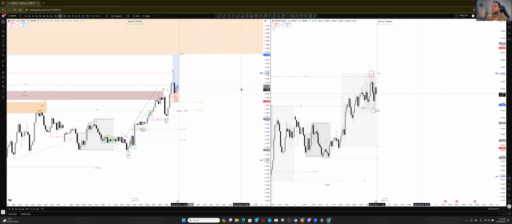So in this case, we're just going to let this 15-minute candle close. I want to see if this 15-minute candle closes a body above the previous candle. If we can get a body close above this, then I can hold to say that price is going to continue bullish. If it doesn't close a body, then the odds are price is going to continue down to the downside.